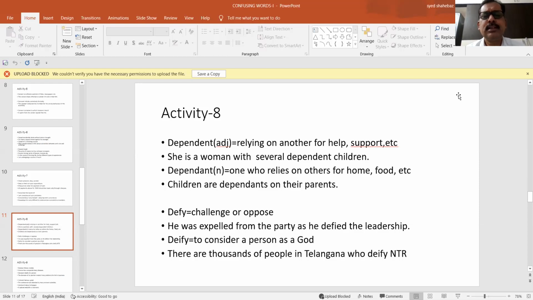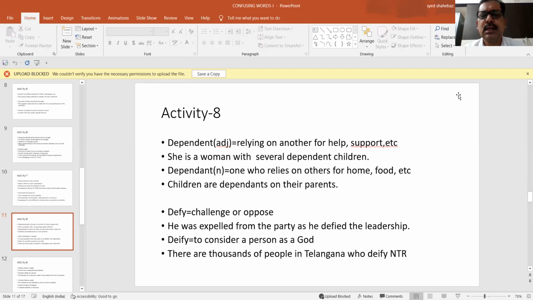Let us see the difference. Dependent, relying on another for help or support. He is dependent. She is a woman with several dependent children. So relying on others for help, not self-sufficient, but depending on others for help. That is the first one meaning.